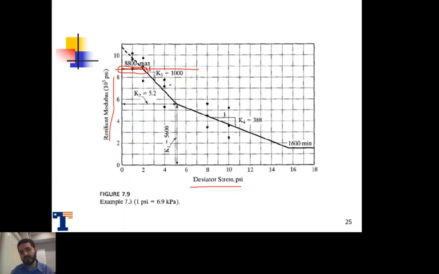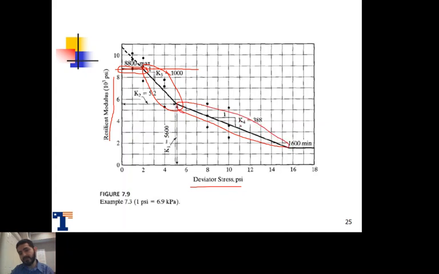But what I'm really interested in for you to obtain is the relationship, which is K1, K2, K3, K4. We can see that there are some points here, a cloud of data points that formulate this line that has a certain slope, which is K3. And then this other cloud of data is formulating another line.